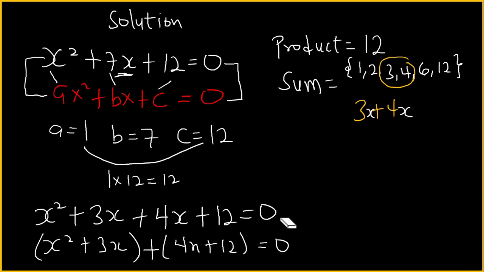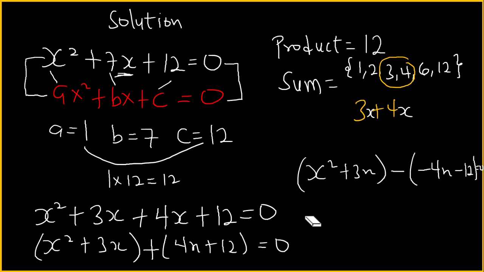Assuming I want to initiate the negative sign, this is how it would be: x squared plus 3x, bracket close, minus, and this minus affects the second bracket. The first expression changes to minus 4x, the second expression also changes to minus 12 equals 0.